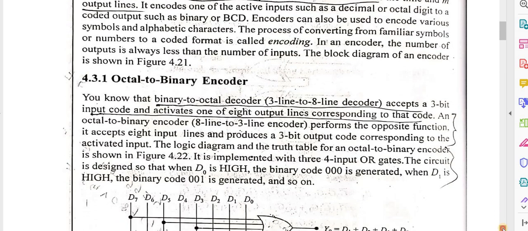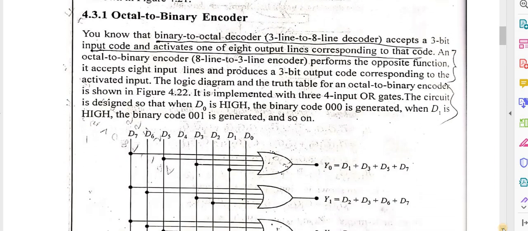Then we have an example of an encoder, that is the octal to binary encoder. In your exam, you may be asked to explain the octal to binary encoder, write its function table and logic diagram.